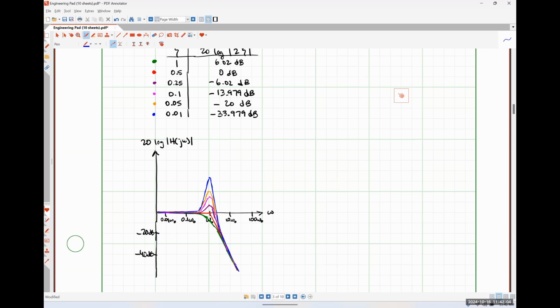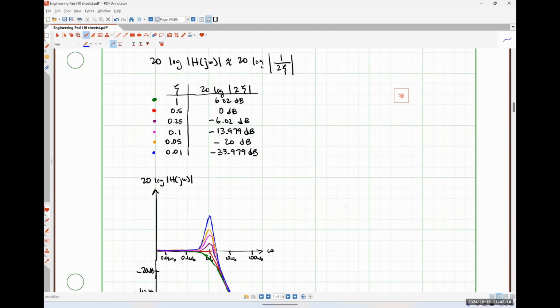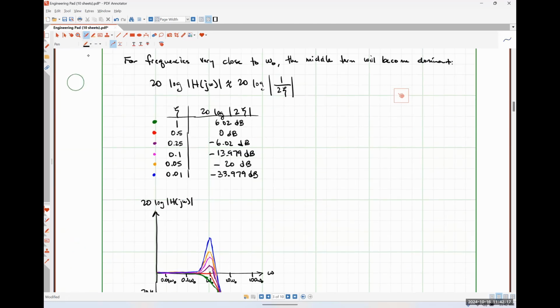So why does it catch back up with a negative 40?